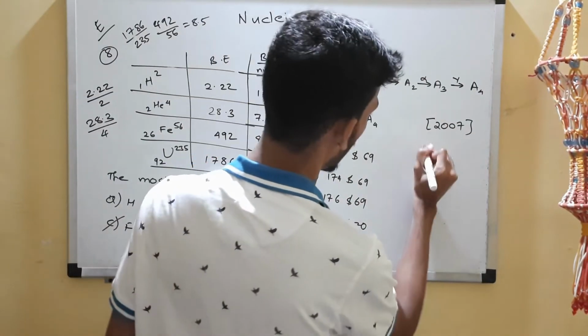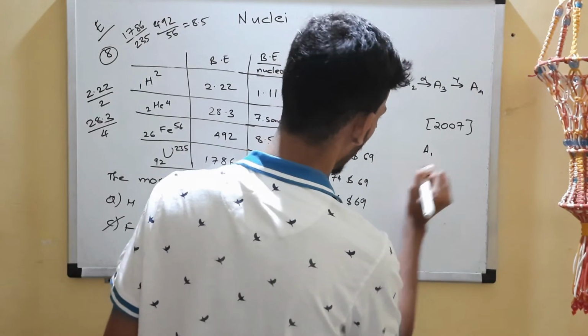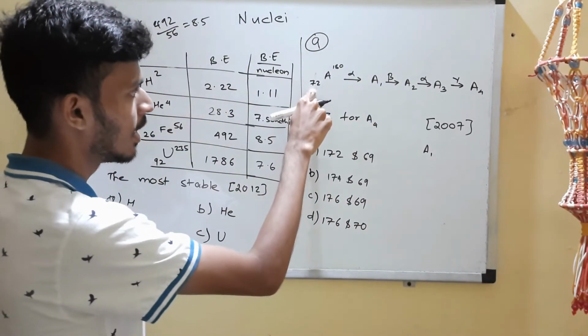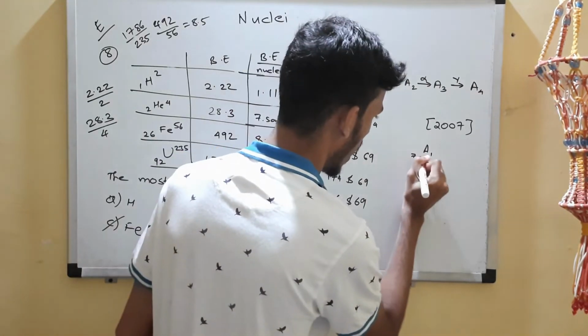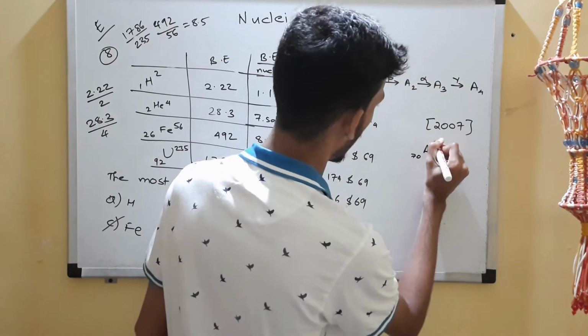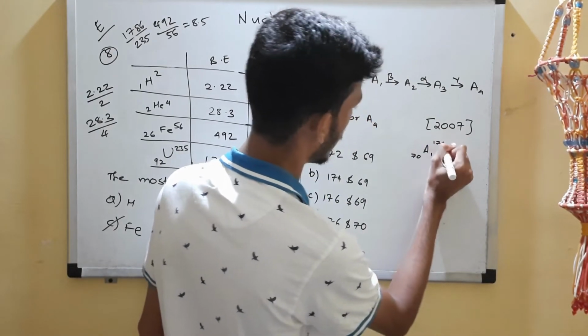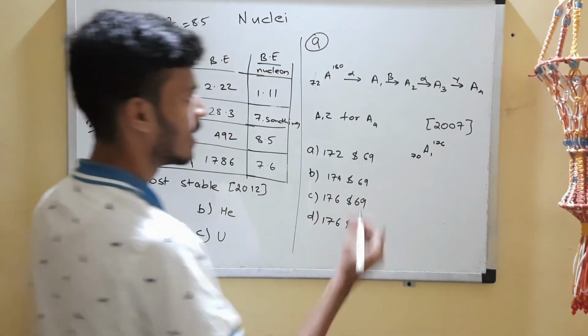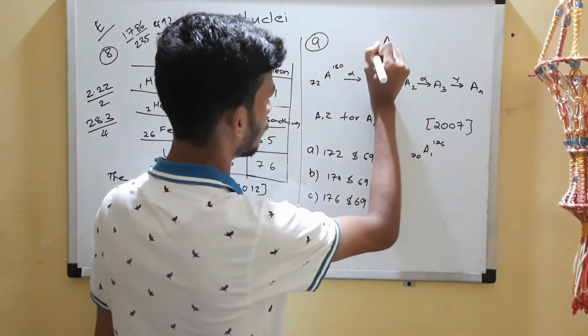So after one alpha transition, A1 will become A minus 4 and Z minus 2.